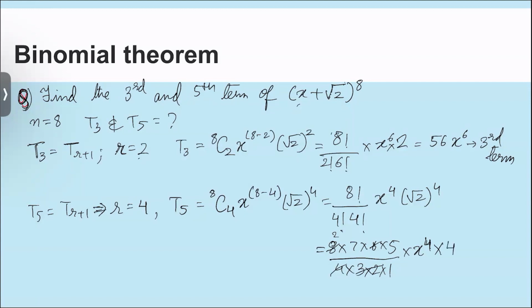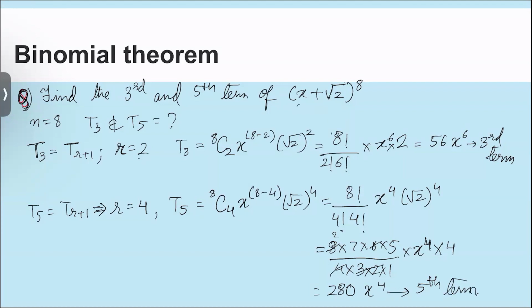So you get this as 7 into 8 into 5, which is 280 x raised to 4. So this is your fifth term. This is very easy.